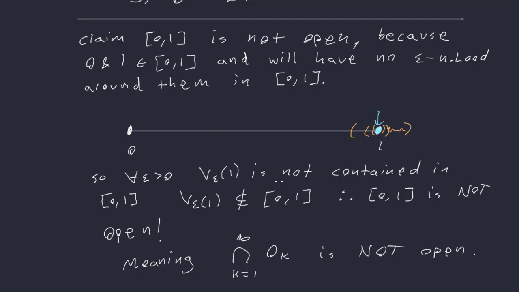Before we do that, I do want to note this little argument I did right here. This is where the proof that A to B open would fall apart if you closed off one of the endpoints, right? This particular argument, if you chose one of the endpoints, that proof would fall apart.